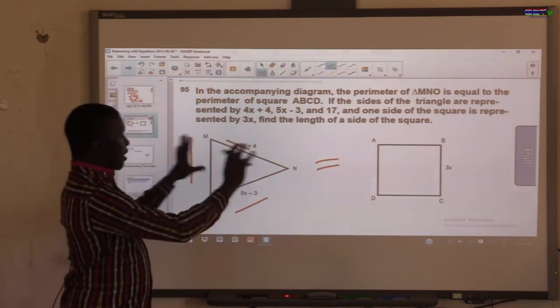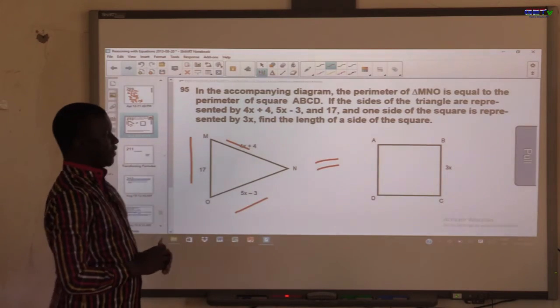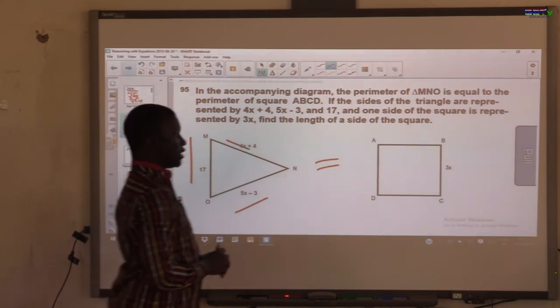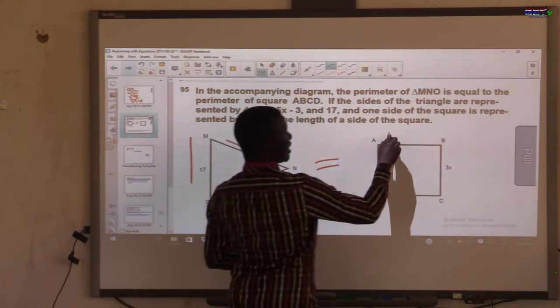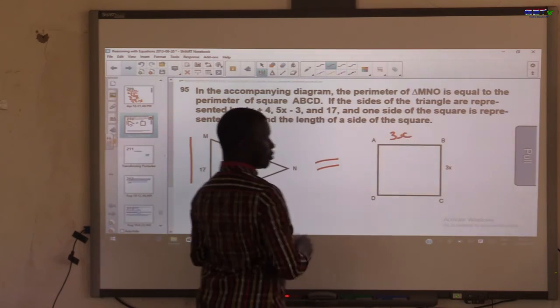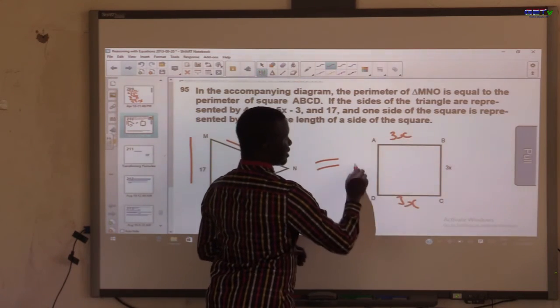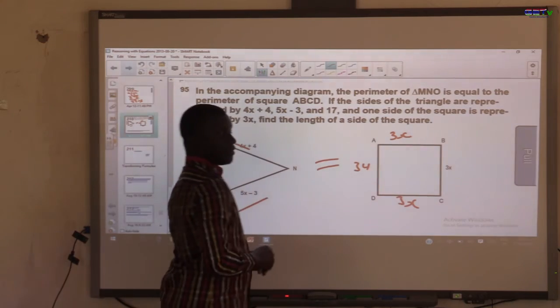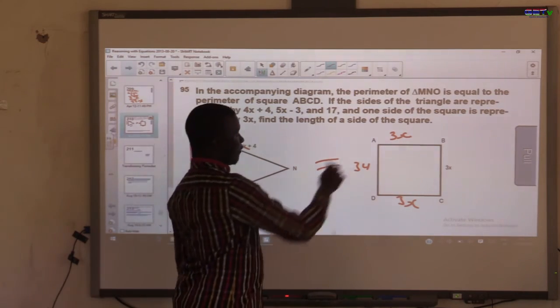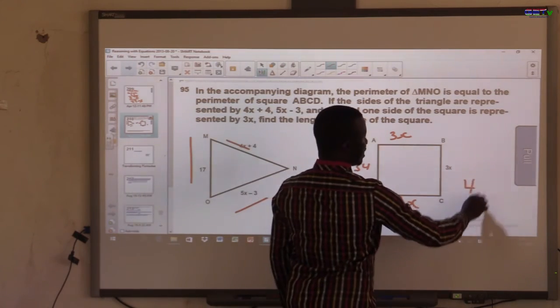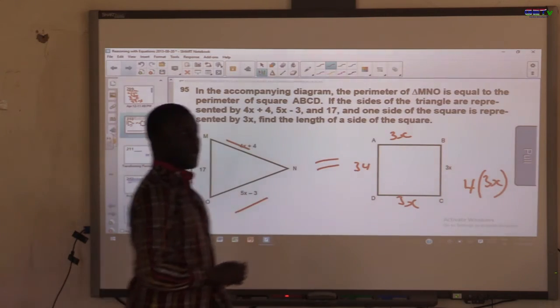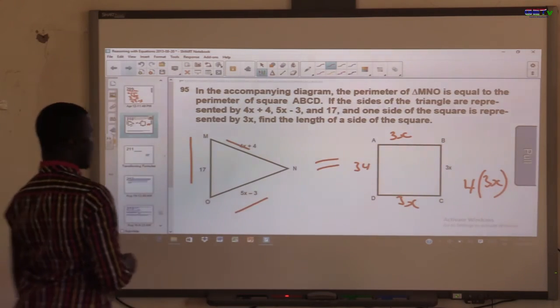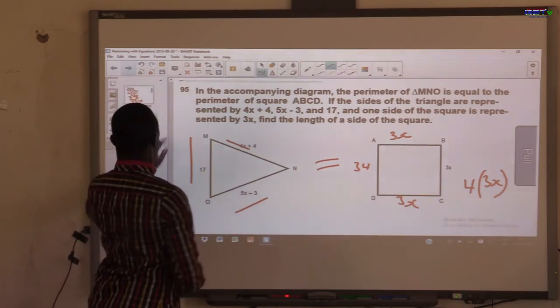So we need to derive our equation from the information given here. But first we need to know that all sides of the square are equal. So if here is 3x, we would expect here also to be 3x, 3x, 3x. The formula we use to find the perimeter of a square is 4 times side. If the side is 3x, we have 4 times 3x.